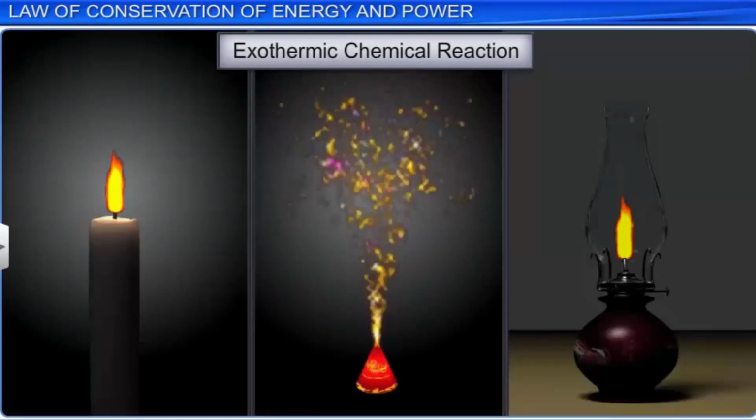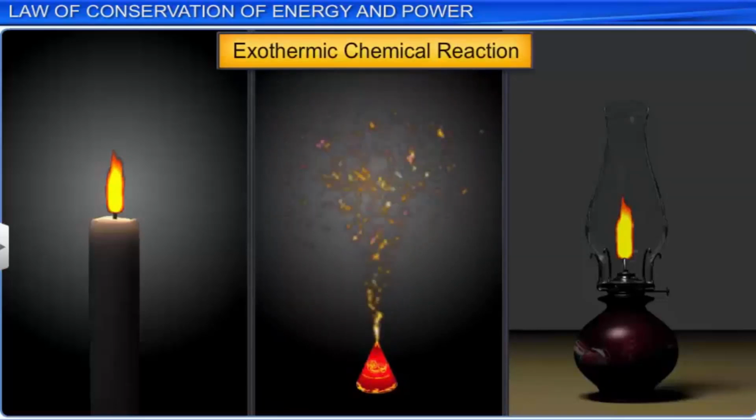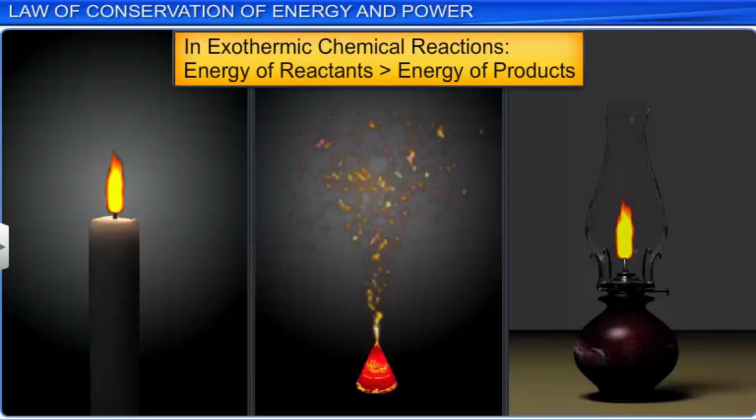Burning is an exothermic chemical reaction where the chemical energy of the reactants is mainly converted into heat energy, which can later be manifested in other forms. Thus, in an exothermic reaction, the energy of the reactants is greater than that of the products.